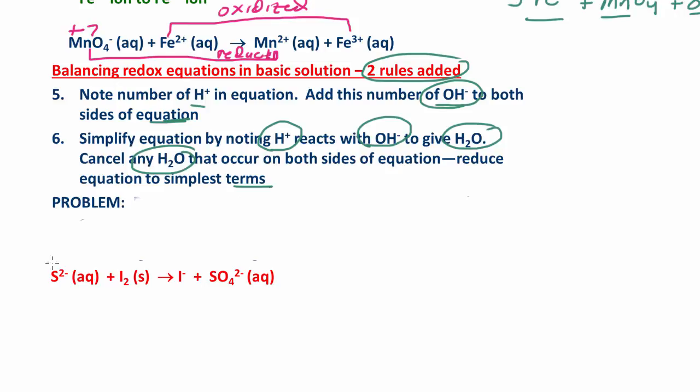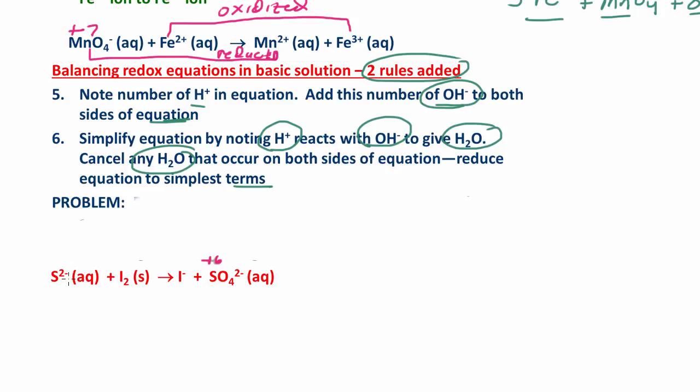So here we have sulfide ion, which has a -2 charge, and here we go to sulfate ion, and the sulfur here has a positive, let's see, we have -8, what plus a -8? That's a +6 oxidation number for the sulfur.